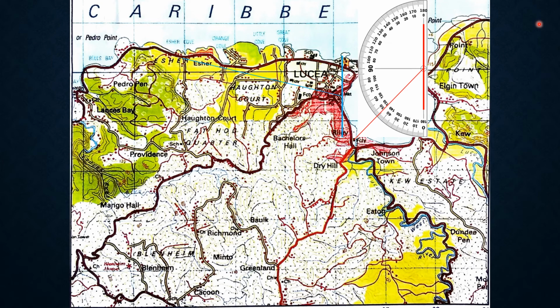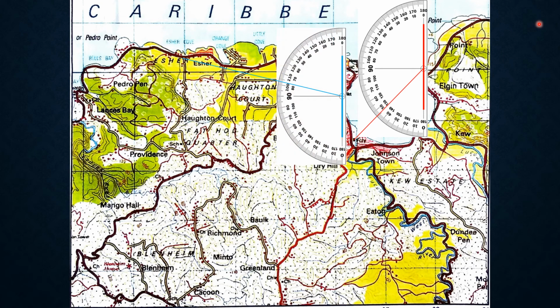Then we're going to put our protractor right there, making sure that the center of our protractor is also right on the market itself, which is the little black box that represents the market building. Now looking at that, we have here 103 degrees.